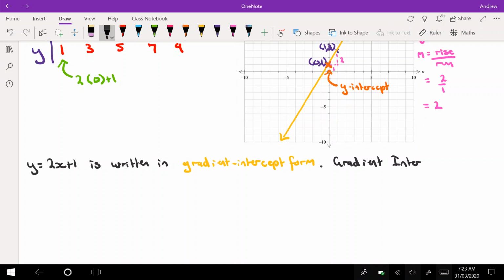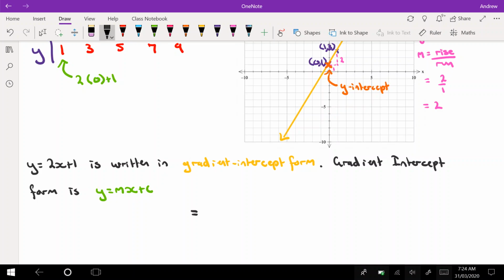Gradient-intercept form is y equals mx plus c. m being the gradient and c being the y-intercept.